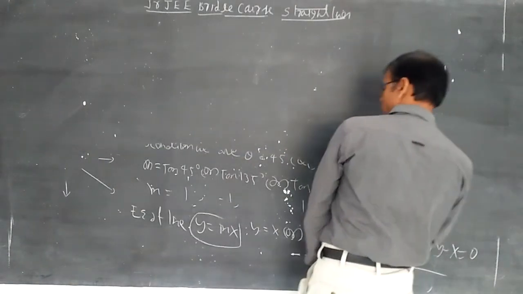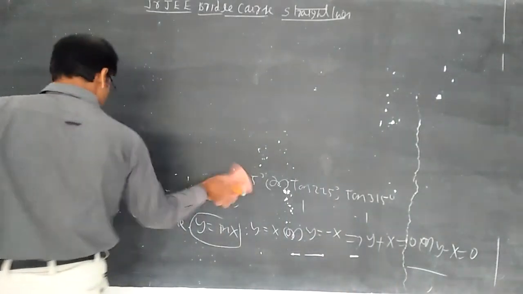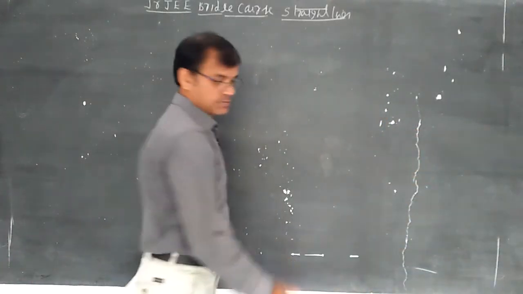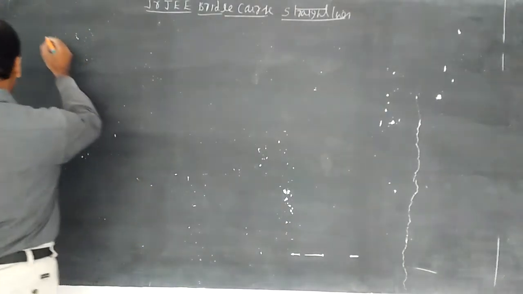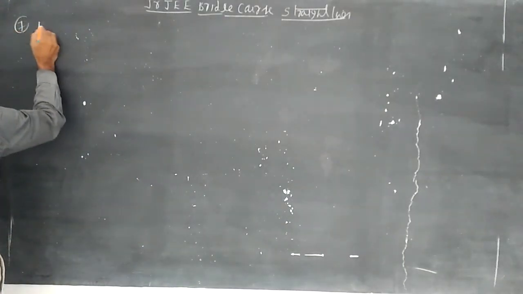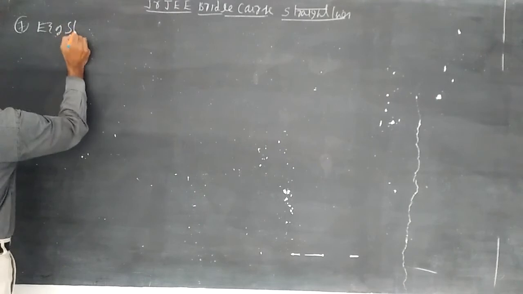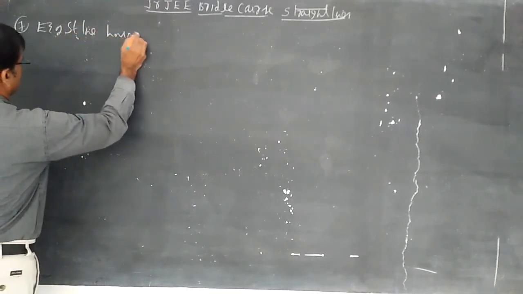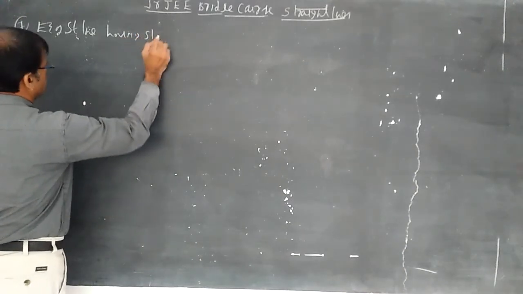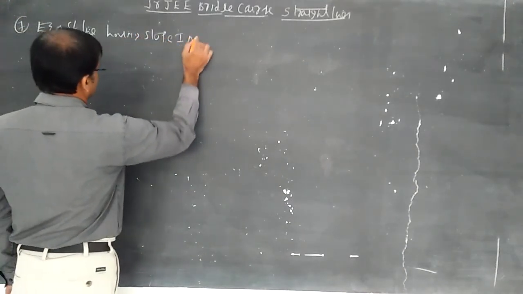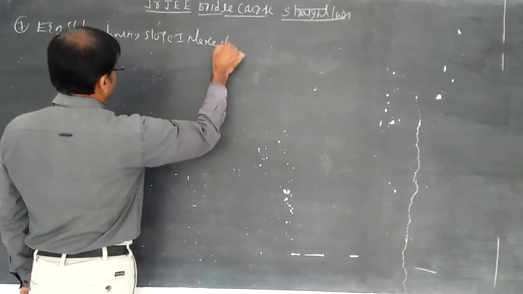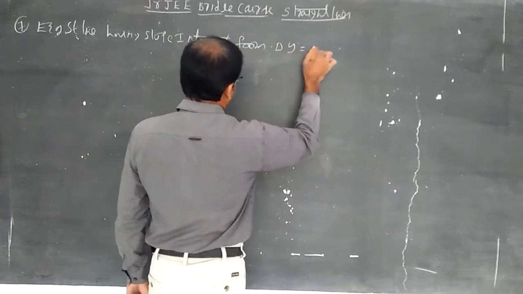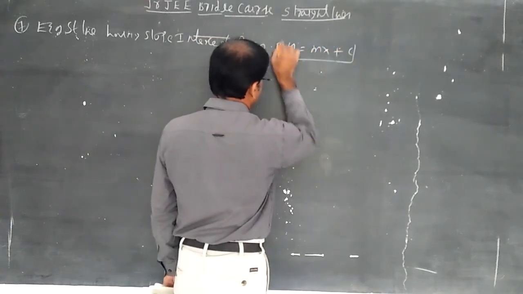Now another model I want to discuss with you today: the equation of a straight line in slope-intercept form. Let us discuss the next question. Slope-intercept form is y is equal to mx plus c.